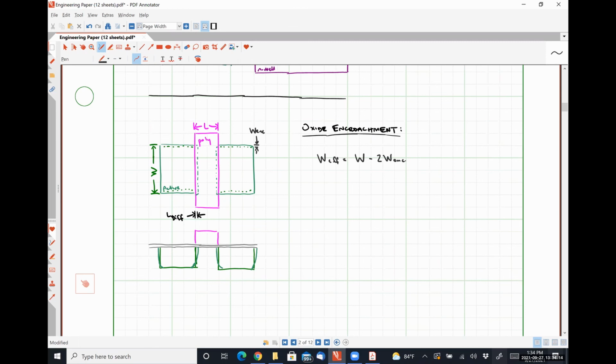W over L, right? Or at least that's what we have control over. It's going to be either twice, or 1/2, or 1 mu times Cox. We don't really have any control over mu. We certainly don't have any control over Cox. W over L times some voltage squared, depending on which voltage we're looking at and whether we're in the triode region or the saturation region.